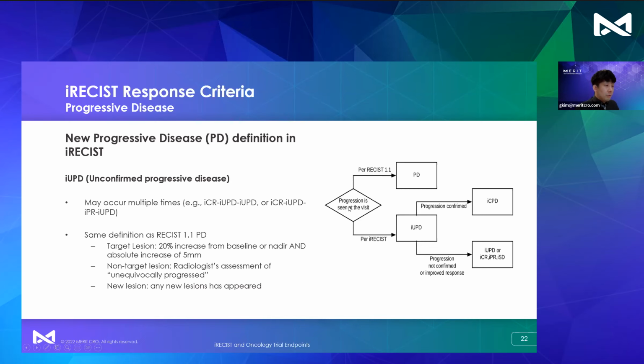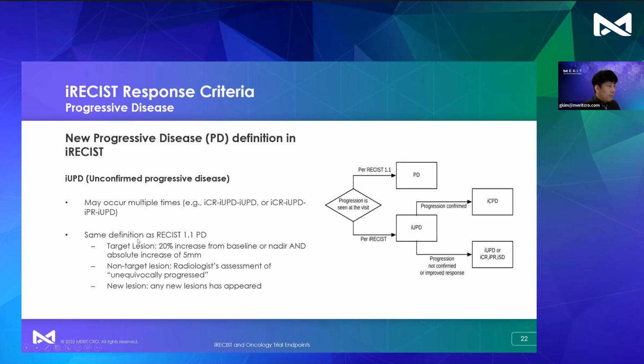But in iRECIST, whenever progression is first seen at a visit, we first assign the IUPD, which is the unconfirmed progressive disease. Unconfirmed progressive disease, or IUPD, may occur multiple times. For example, a patient can have an ICR, then an IUPD at the next time point, then another IUPD, or an IUPD, then resolve back to IPR, and then reoccur with IUPD again. So unconfirmed progressive disease may occur several times.